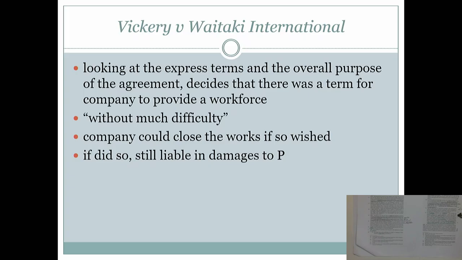Yes, up the back. What about in this case, they said there wasn't the risk of the works closing down, there was just them leaving and so on. But if it was a contract for 50 years, isn't there a greater risk? Fantastic. Okay, so the argument is that the risk allocation analysis changes when it's a 50-year contract. With 3 years, it's a shorter time frame, so there's less risk of it shutting down. Yes, I can see that argument being made. The question is, would it succeed? Perhaps.